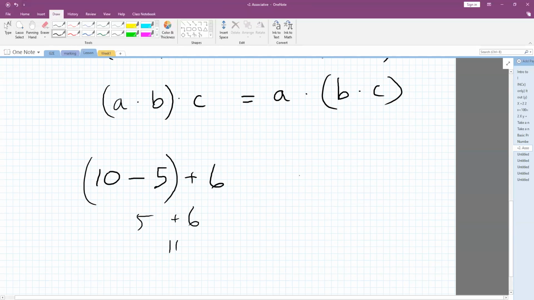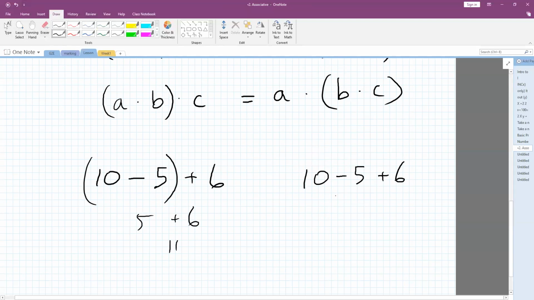Now, if I have, for example, 10 minus 5 plus 6, but then what you want to do is do the calculation between this and this. Remember when I told you about the negative when we did 12 minus 4 before?